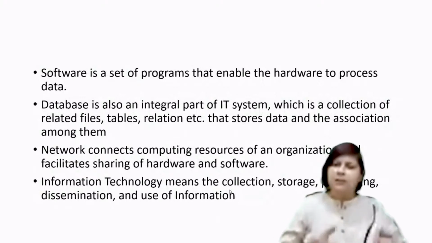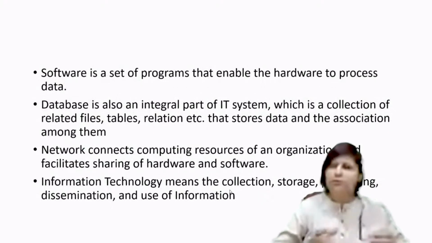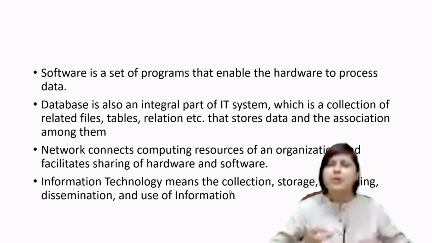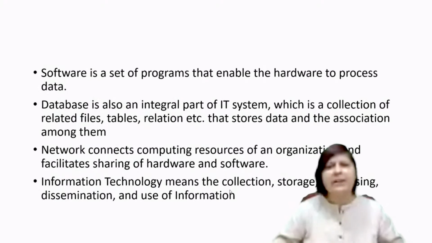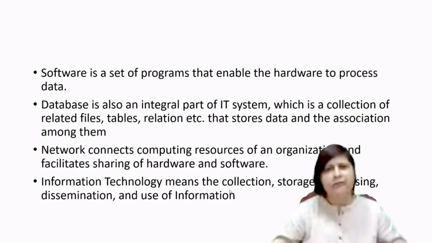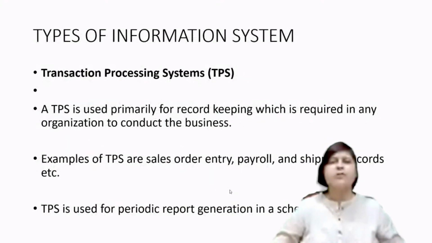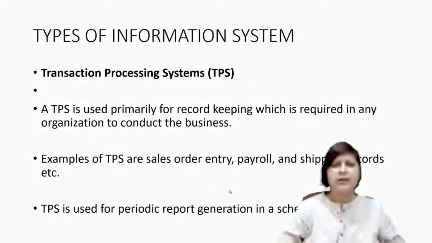That is, through information technology we collect the data, we store that data, we process that data. After the processing, the data becomes information, we provide that information to the user, and then the user uses that information, right? So information technology is this.